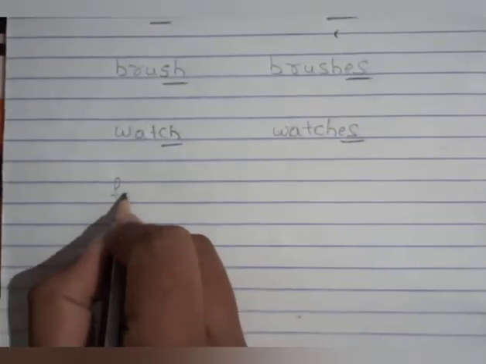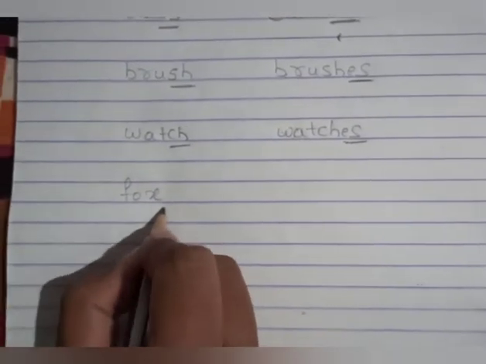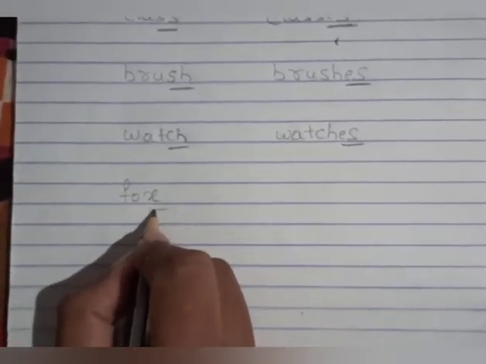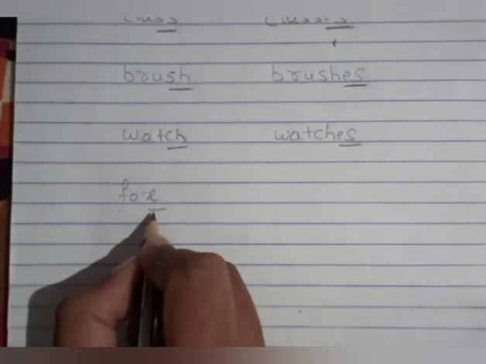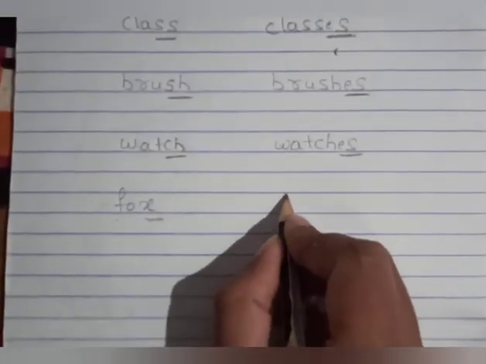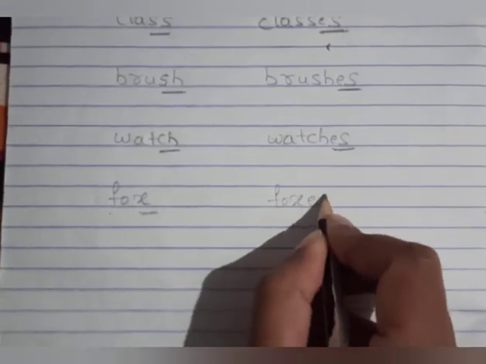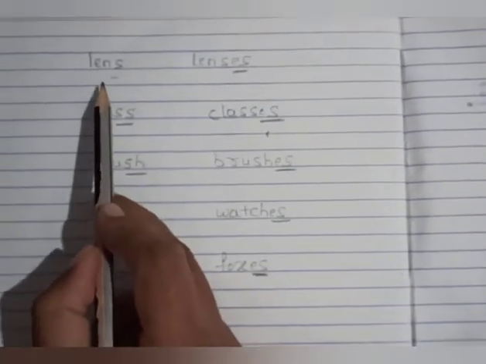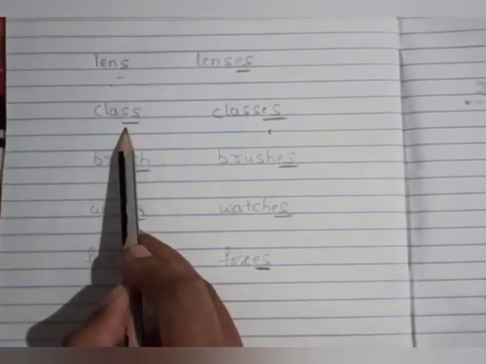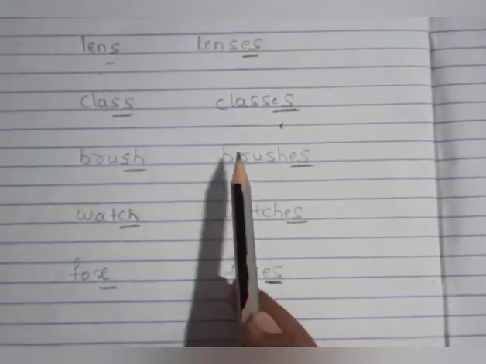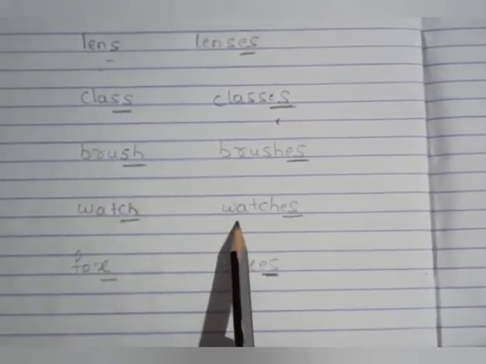Fox. Here the word fox ends with X. So we add ES at the end to make it plural form. Foxes. Understood, children? Lens, lenses. Class, classes. Brush, brushes. Watch, watches.